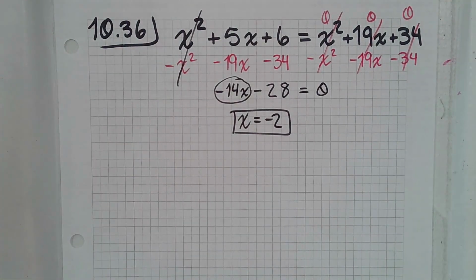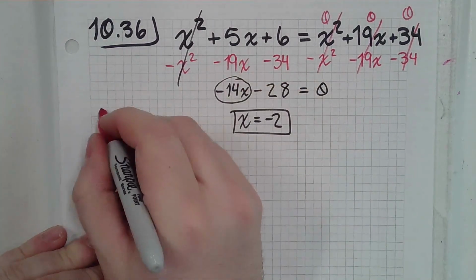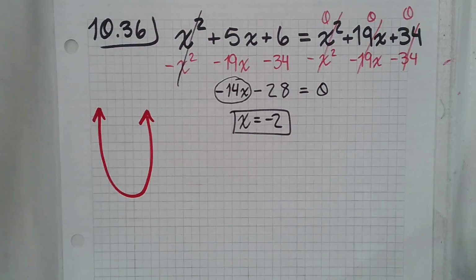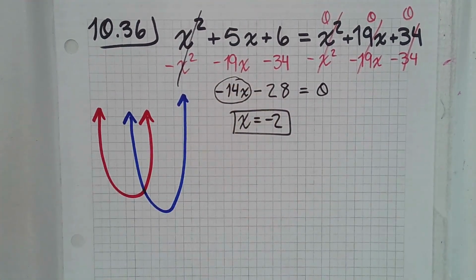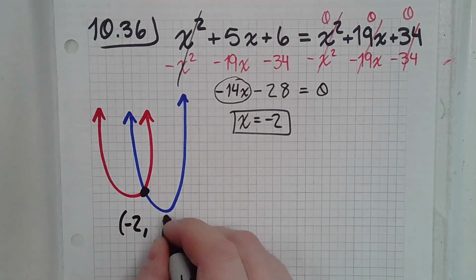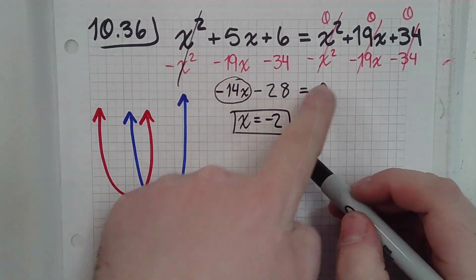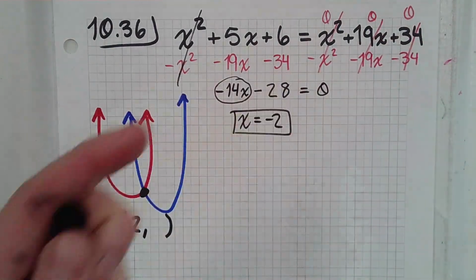So you can think about these two equations being parabolas. Here's maybe the left side one, and here's maybe the right side one. And this is the kind of situation we're talking about, where there's going to be one spot where they agree. It's going to be negative 2 comma something. If you plug that into both of these, you'll find the appropriate y value that matches for them, right? Apparently they'll equal the same thing.